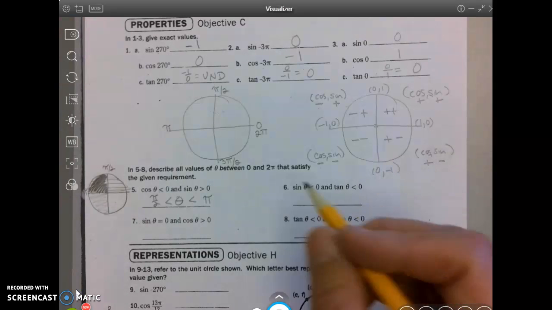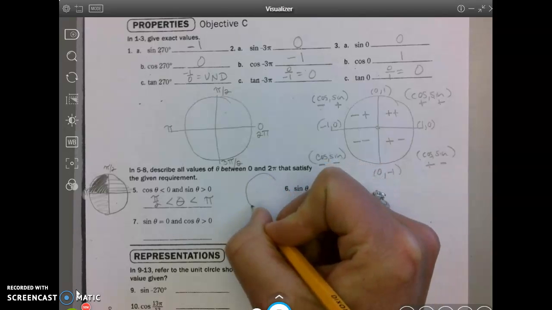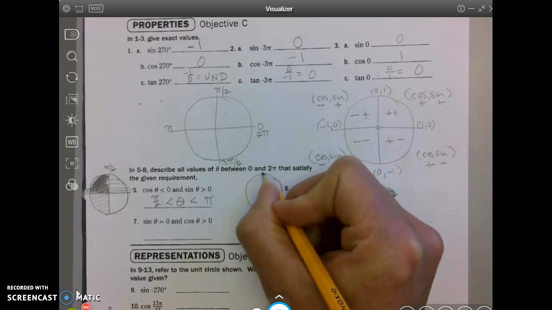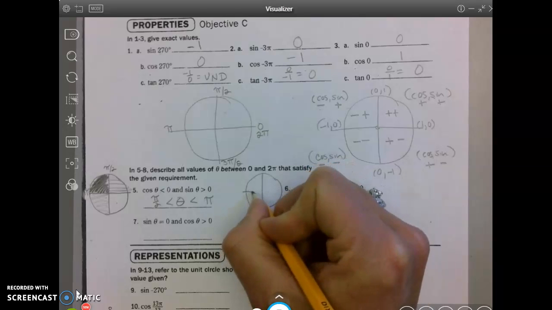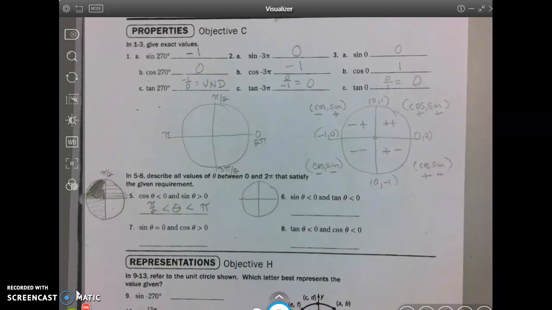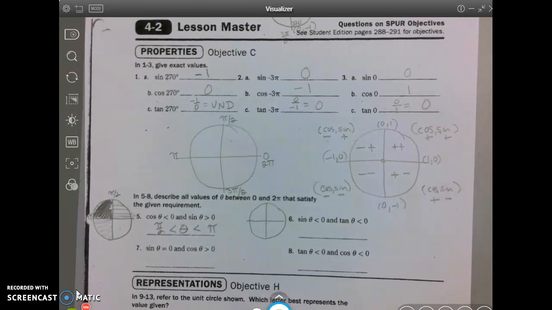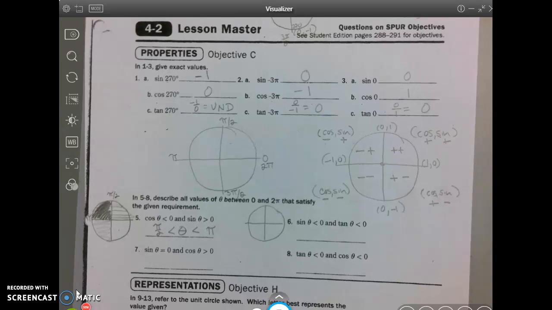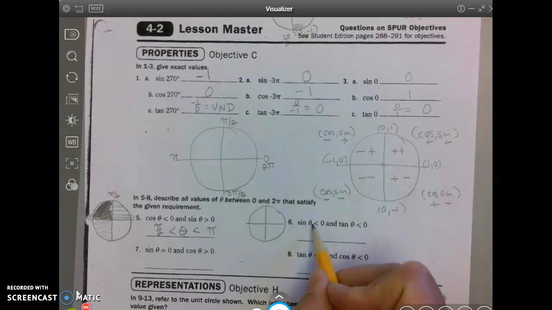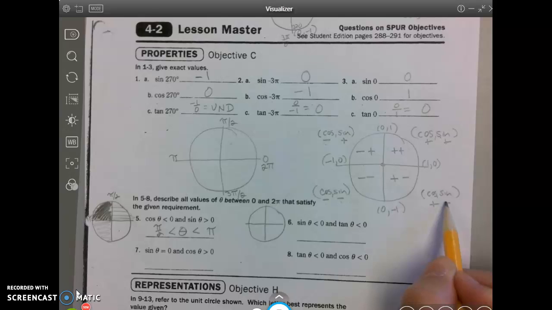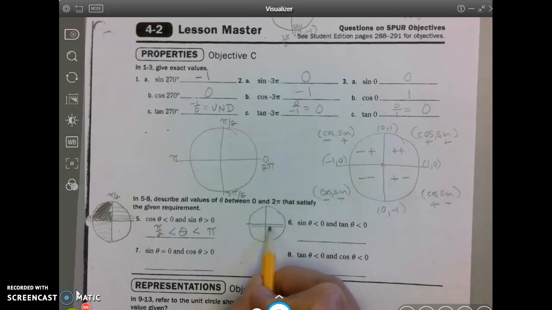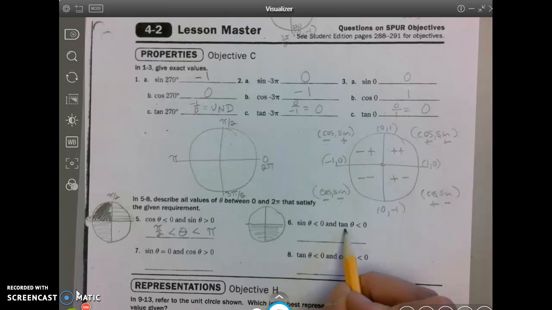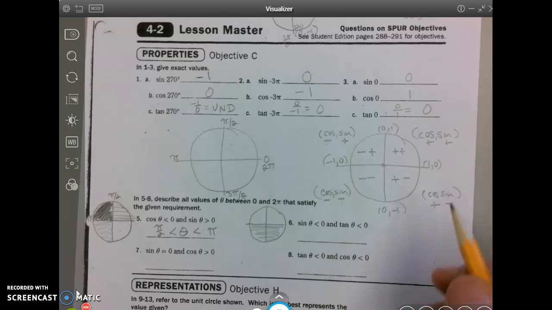All right, so for number 6, again, I'm going to draw my circle. Last year was when I started having students do this, and everybody started getting these right. Before that, these kind of questions everyone got wrong. It's real easy to just draw your circle, divide it into 4, and think to yourself, where is the sine less than 0, which means negative? Sine is negative here and here, which is the bottom half of the circle. And the tangent is less than 0, which means I'm going to need to calculate my tangent.